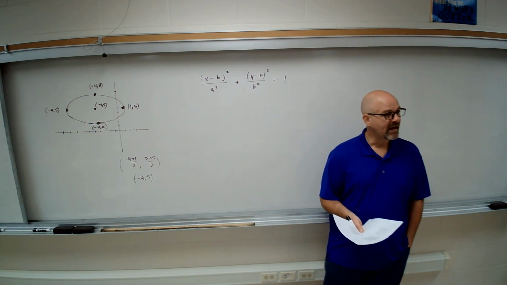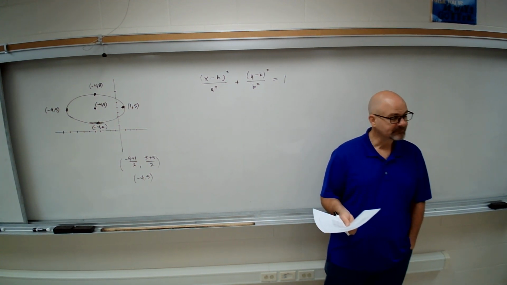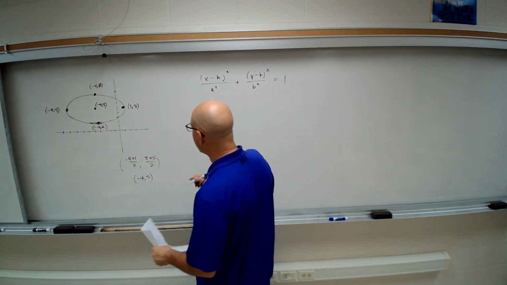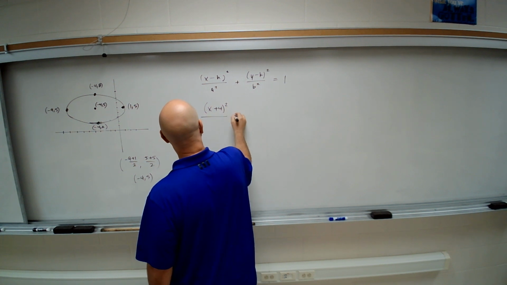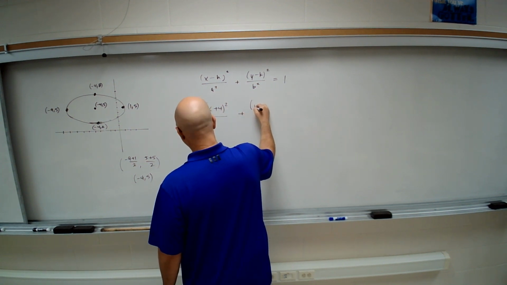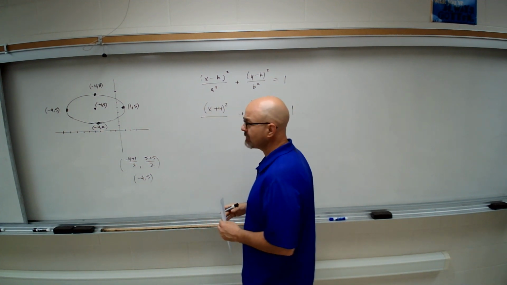Well, here look at either the major or minor axis, and then find the midpoint, and that's going to be the center. So in terms of our formula, we're going to get (x + 4) squared, plus (y - 5) squared, equals 1.